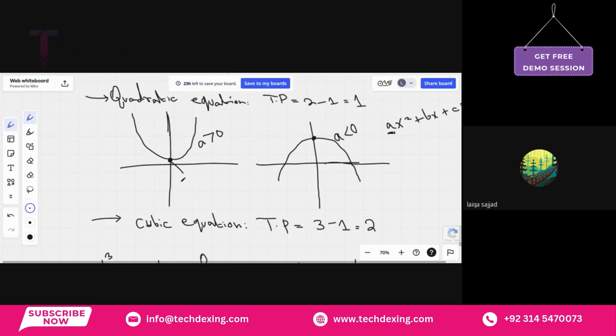So this is what we call minimum. If you look at this one, this point is called the maximum point. And the maximum point is the one that represents the change from increasing to decreasing.